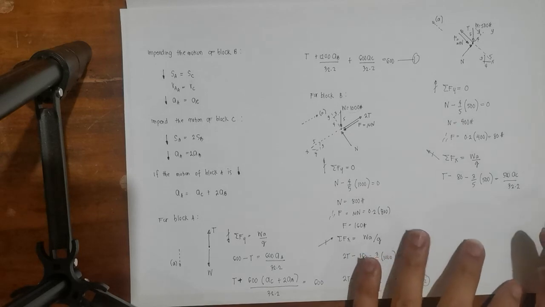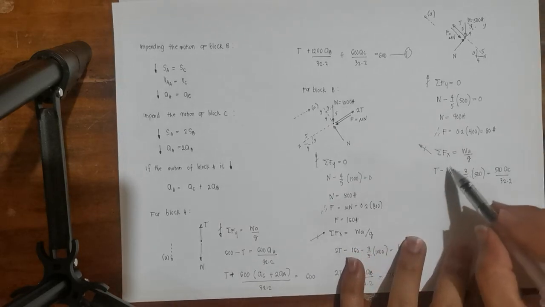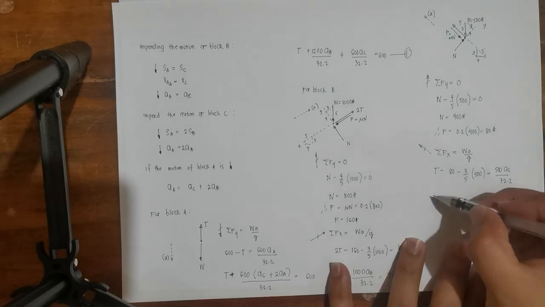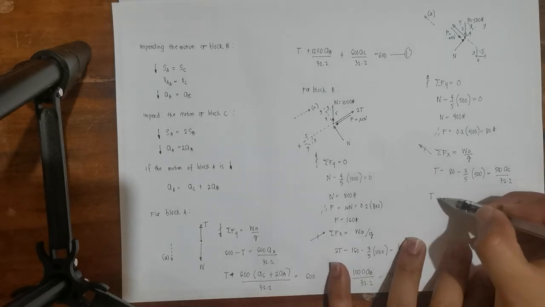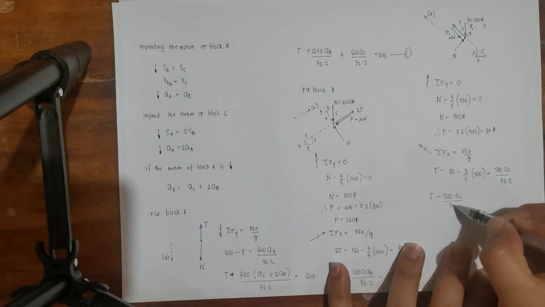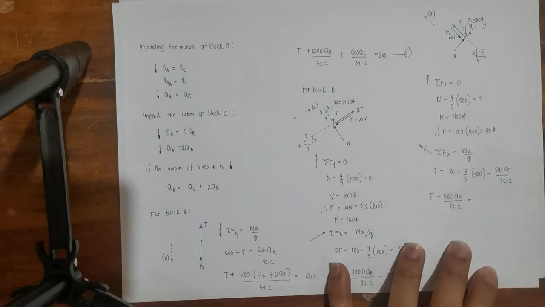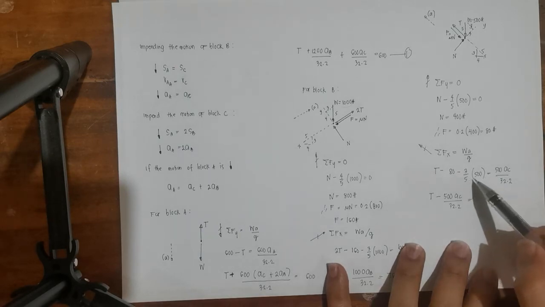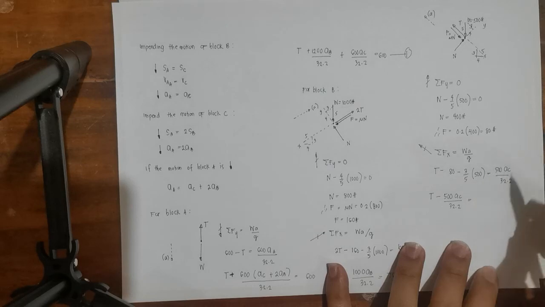So simplifying, lahat ng constant term lagay sa kabila. Tension T, lipat to, minus 500 AC over 32.2 equivalent to 0.6 of 500, that is 300, plus 80, 380.